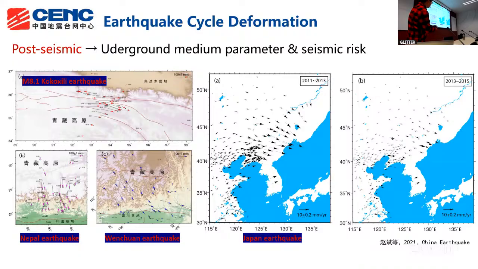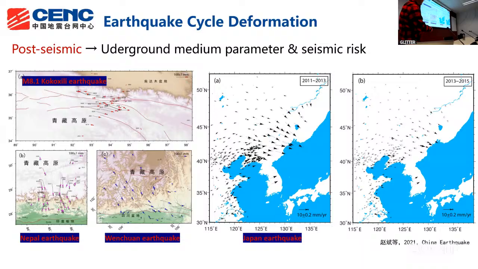This is the first 2 years after the Japan earthquake. We can see variable displacement, but from 2013 to 2015, only here can we see variable displacement.